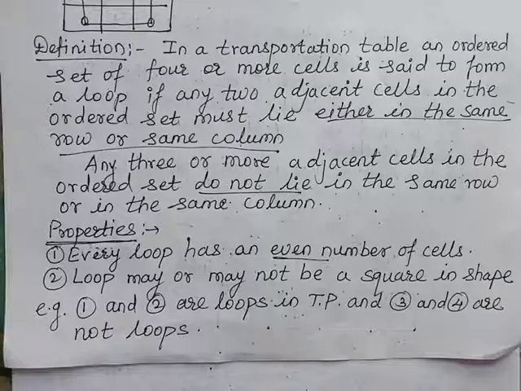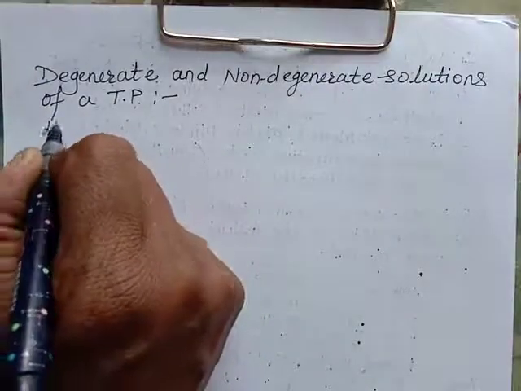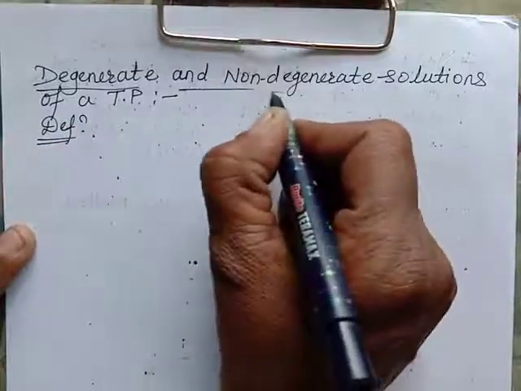Now let's go for the next definition, that is, degenerate and non-degenerate solutions of a transportation problem. Definition of degenerate and non-degenerate solutions of a TP.